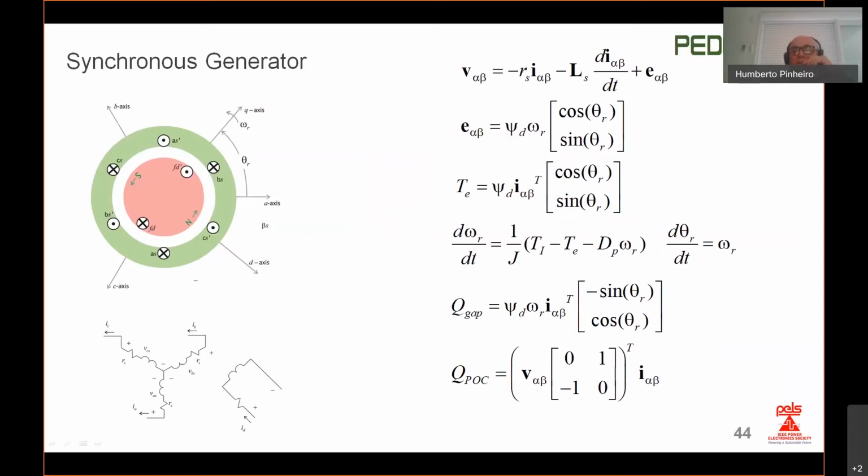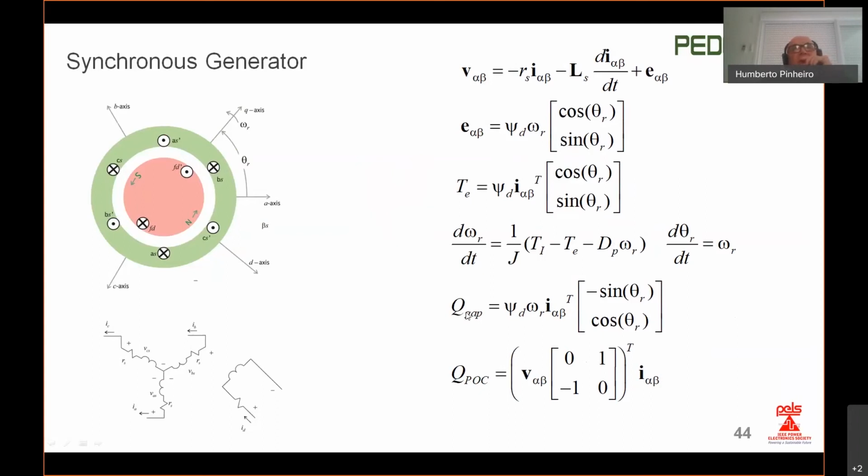This equation comes from Newton's second law, associated with the swing equation. Here we have the moment of inertia, and then a damping coefficient. This damping coefficient is the one that will define the frequency droop characteristic.